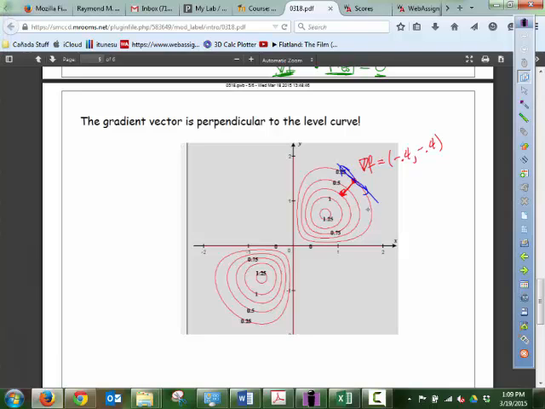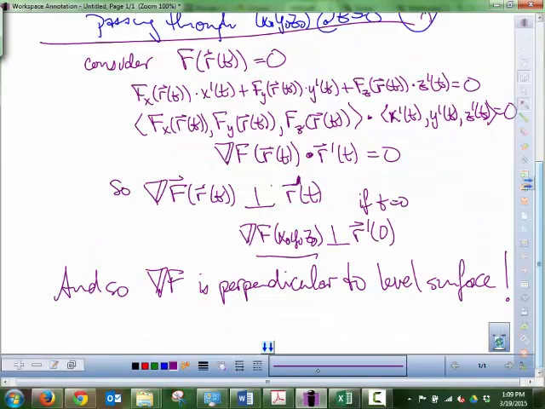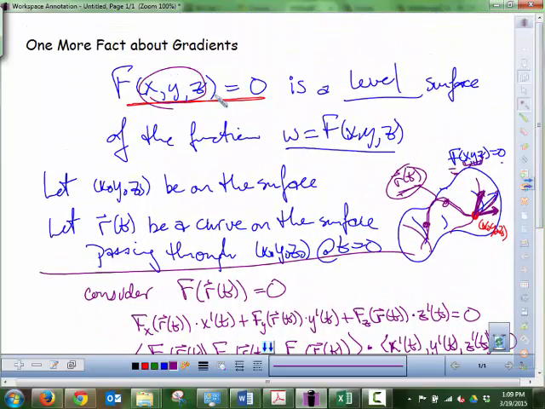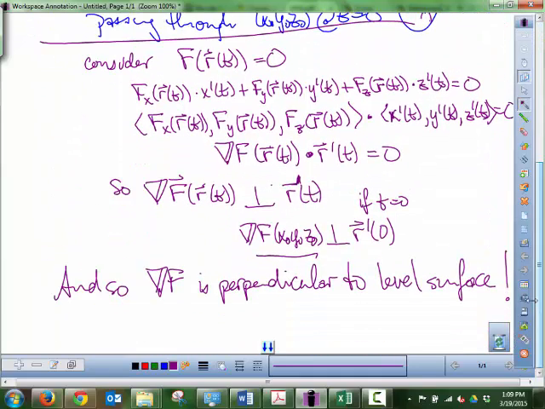That's what we did yesterday. Today, we're saying that the gradient is perpendicular to a level surface when your function takes a 3-dimensional input as your domain. Then we can look at that as a level surface, and then we can find the gradient.